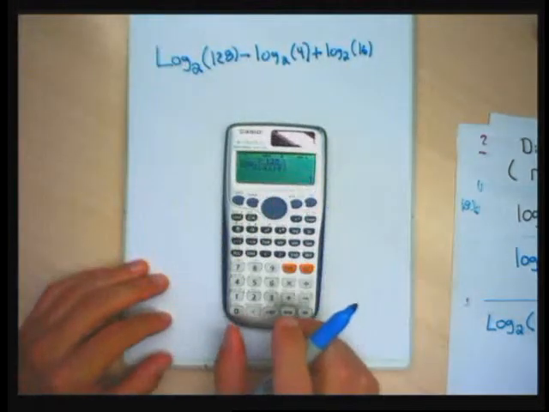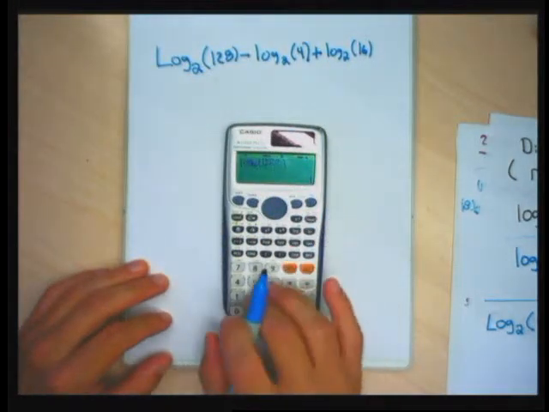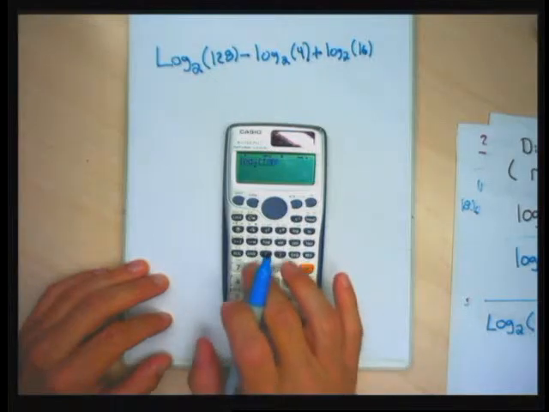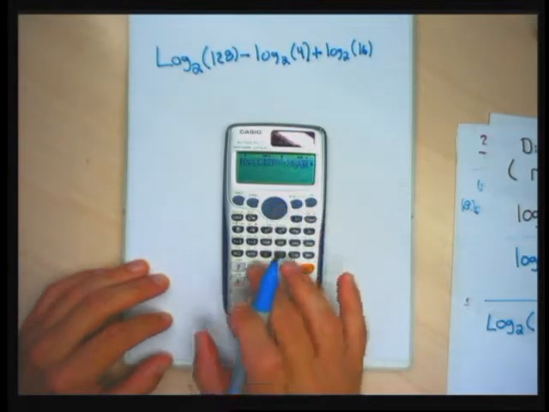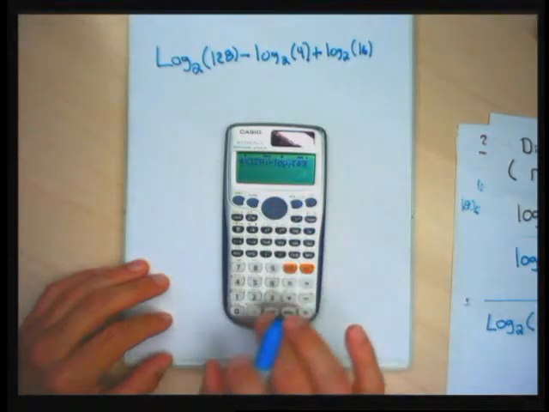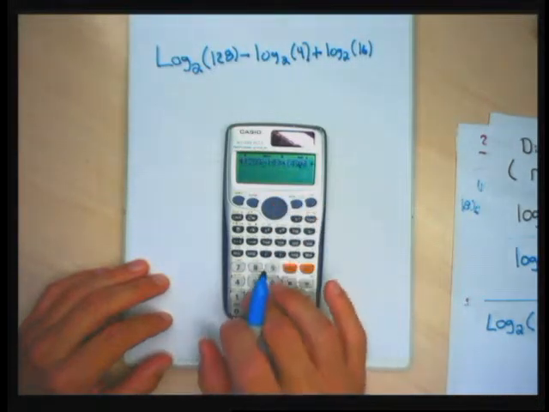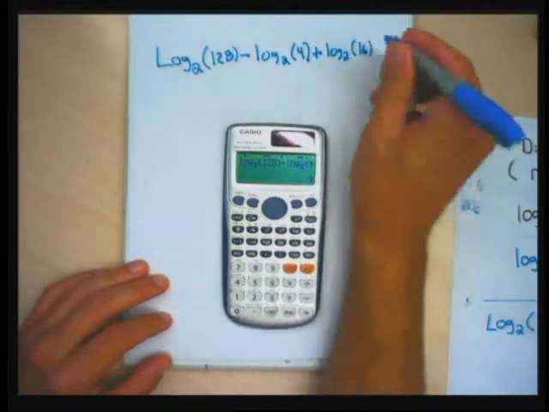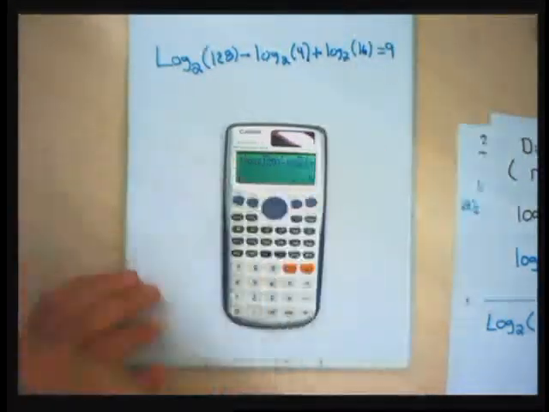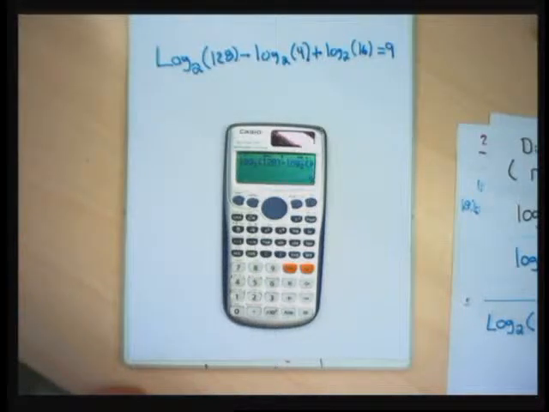So log base 2 of 128 minus log base 2 of 4 plus log base 2 of 16. And this one equals 9. Now I want to create one logarithm, base 2, with the numbers 128, 4, and 16 that equals 9.